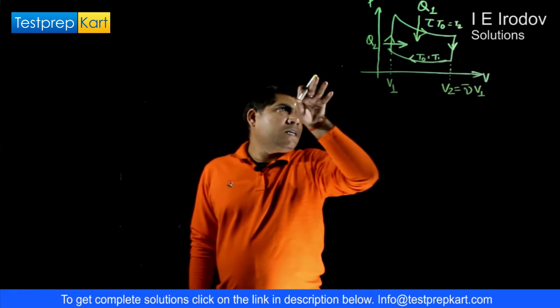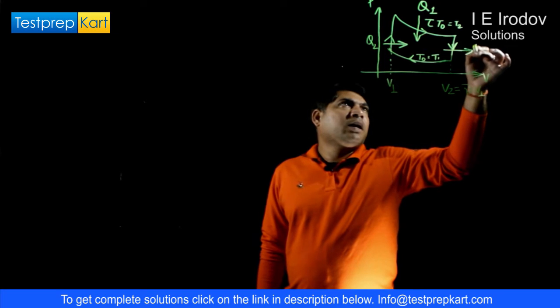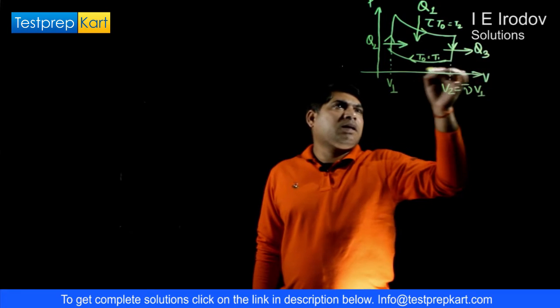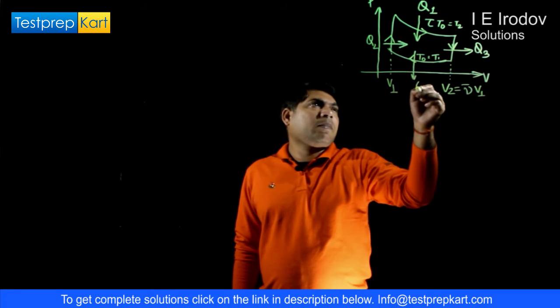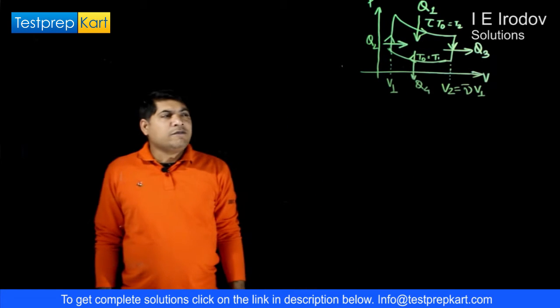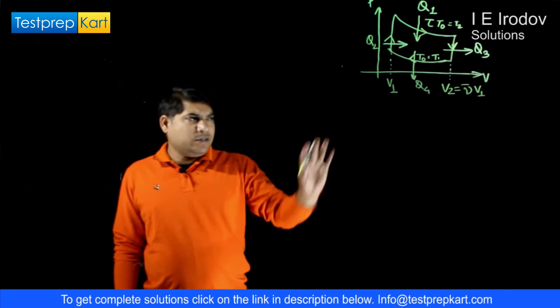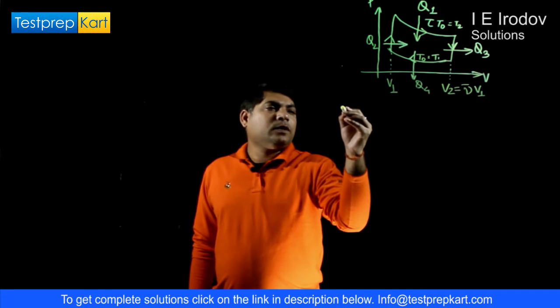So two heats are coming into the cycle and there must be some heat lost, so let's take Q3 and Q4. We need to calculate Q1, Q2, Q3 and Q4 before doing anything further.